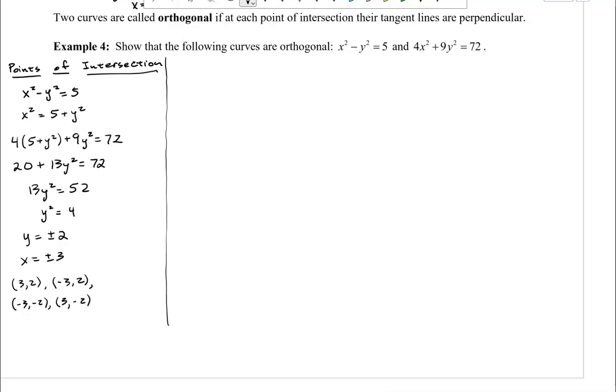Next, we'll find dy dx for each curve. To do this, we'll have to do implicit differentiation again. So we're taking the derivative with respect to x.